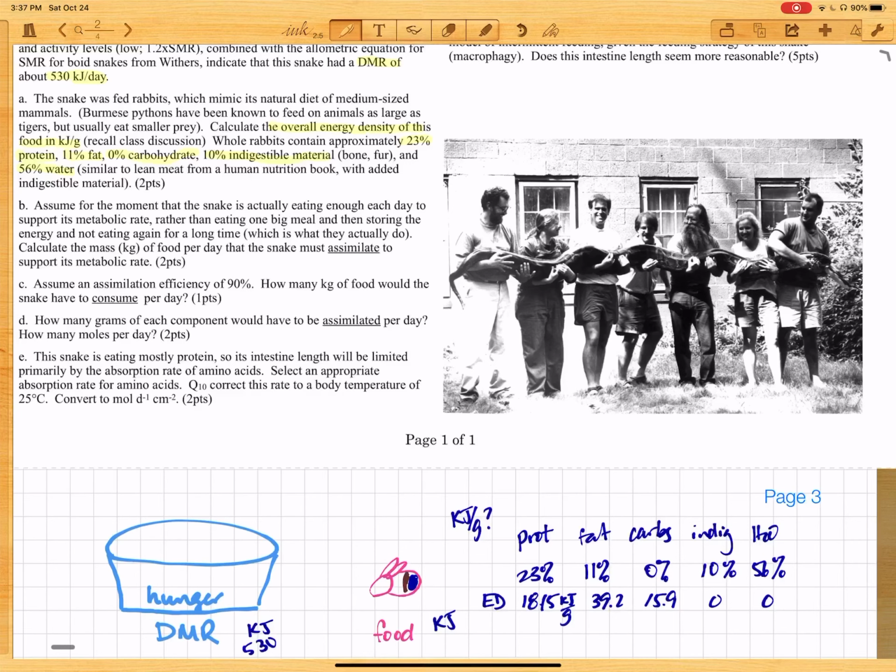But the overall value of the rabbit is an average over the entire animal, right? Because you're eating units of rabbit. You're not just sucking out the proteins and the fats, right? So the question becomes, what is the value of the rabbit per gram? Let's start with that part.